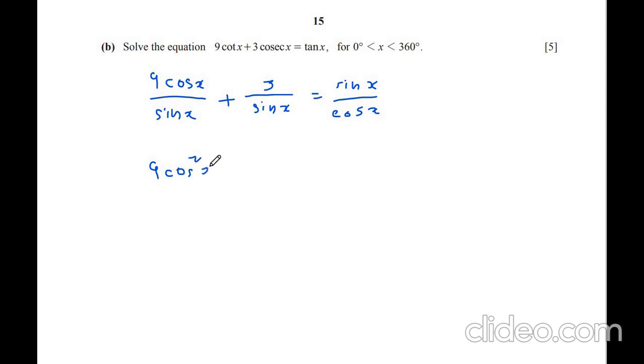So that will become 9 cos square x plus 3 cos x, and on the right side we're going to have sine square x, and we can write sine square x as 1 minus cos square.